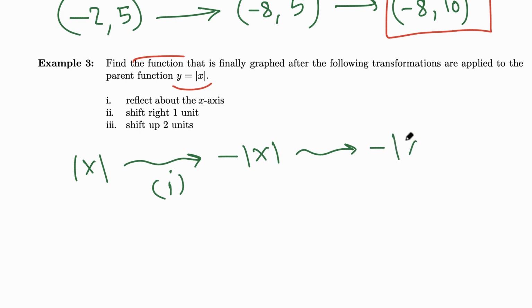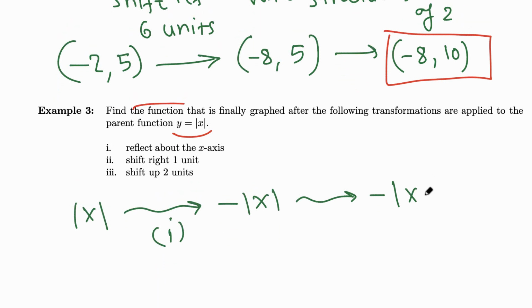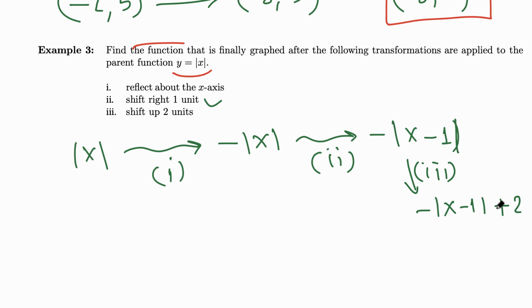Plus 1 would shift left, so here it's minus 1, which means we are shifting 1 unit right. That's transformation number 2. Now shift up 2 units, so plus 2 outside means we are shifting the whole graph 2 units up.